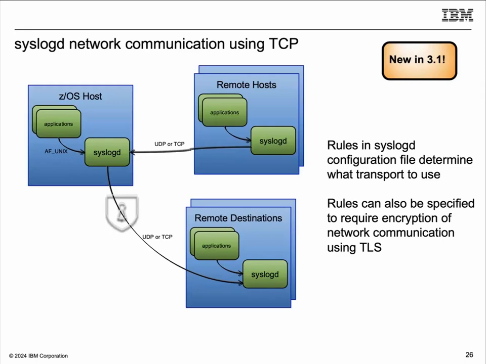But essentially syslogd will ensure that there's AT-TLS policy and rules in place to encrypt the data. So now you have more reliable message delivery and easier-to-set-up encryption using TLS. Again, that's in 3.1, and we rolled it back to 2.5 as well.